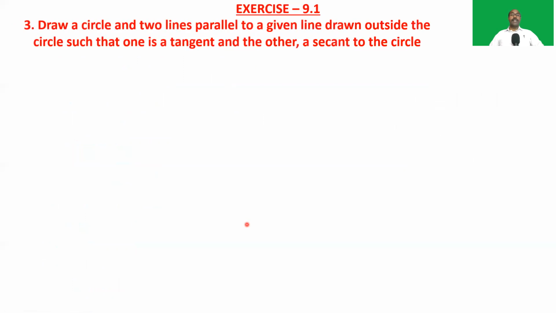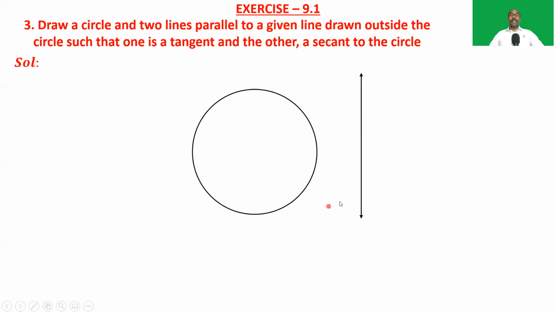Okay, let us see the next one. Draw a circle and two lines parallel to a given line drawn outside the circle such that one is a tangent and the other a secant to the circle. So here we have the circle and this is the line drawn outside the circle, and now this one is the tangent which is parallel to the given line, and this one is the secant which is parallel to the given line.